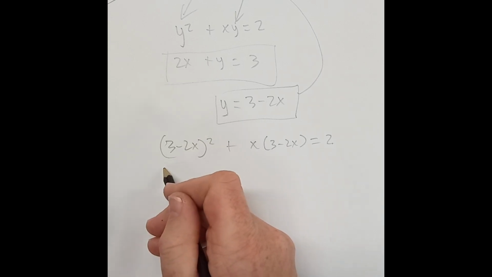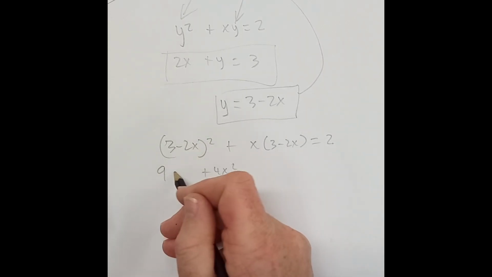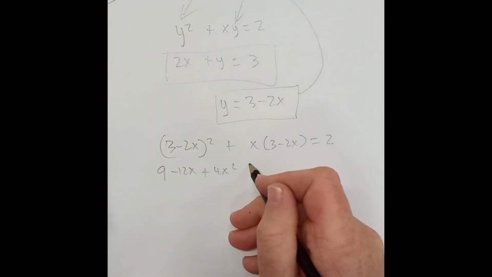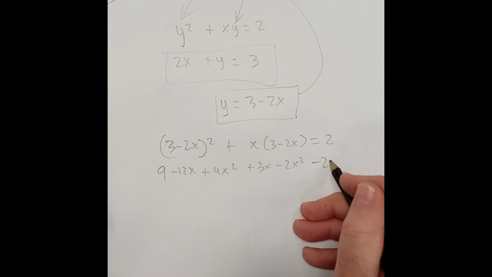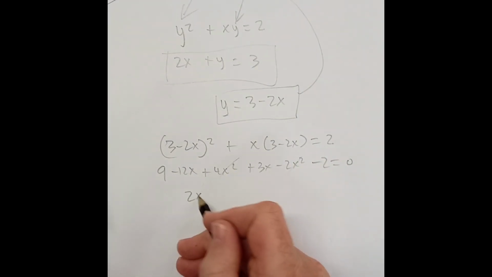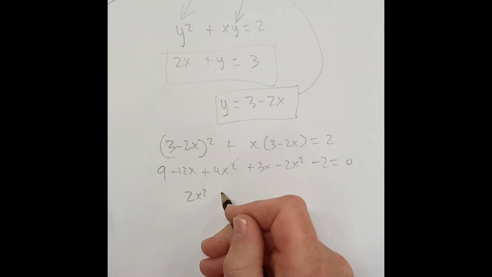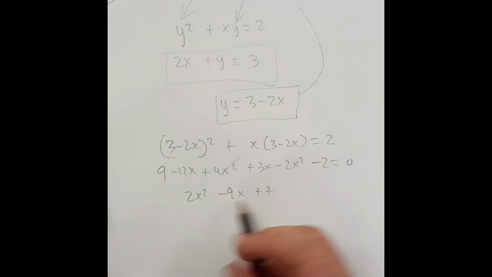Square this out. 9 plus 4x squared minus 12x plus 3x minus 2x squared. Bring the 2 in, and then solve this as a quadratic. That's 4 take away 2 is 2x squared, minus 9x, and plus 7.